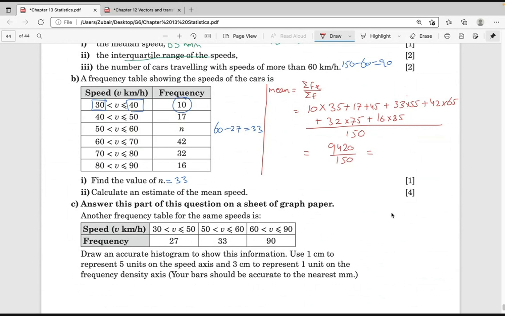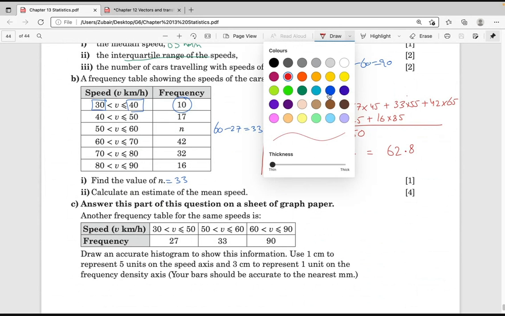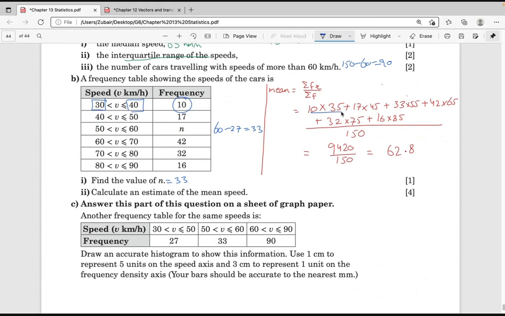Just wait. Sir, you wrote 10 times 35 plus 17 plus 45. Yeah, that's multiply. Thank you. Sir, it's 57.4.